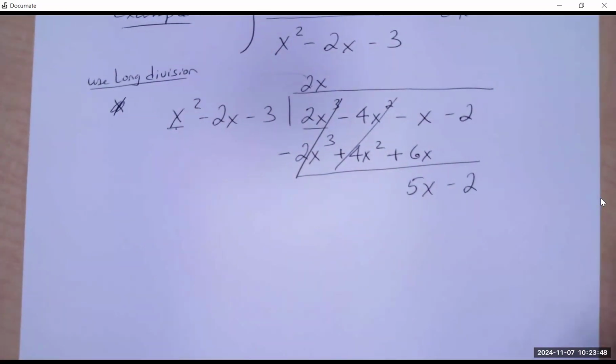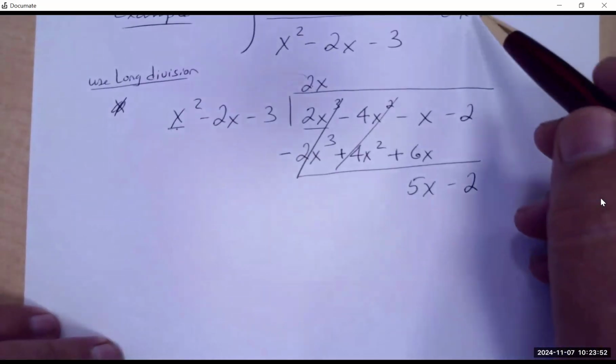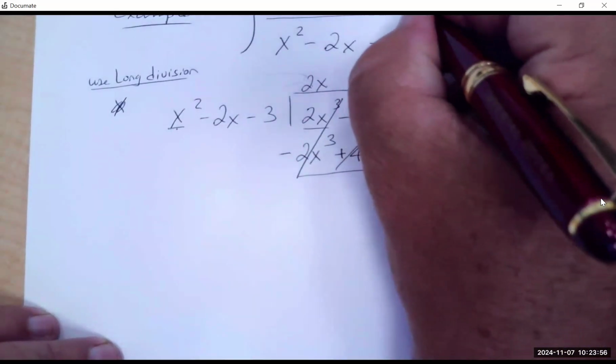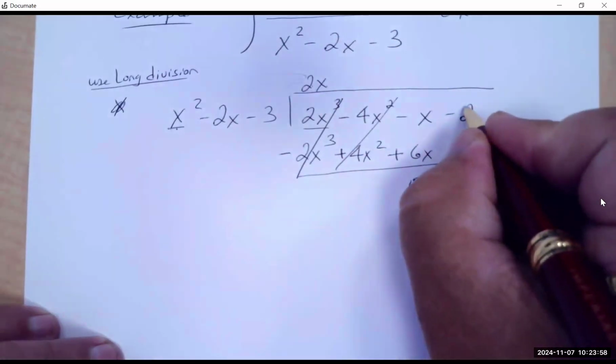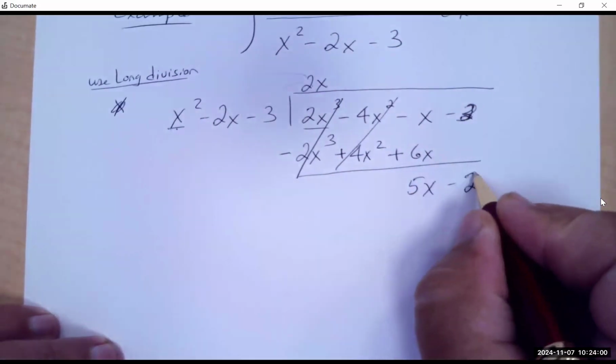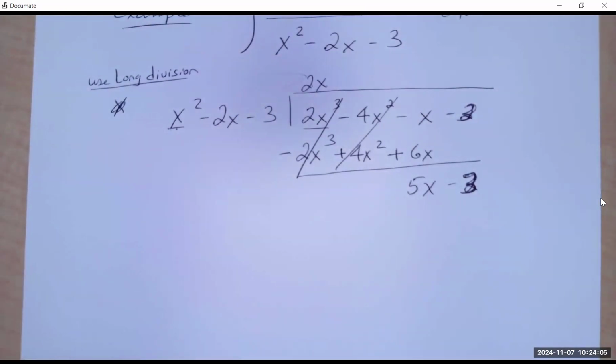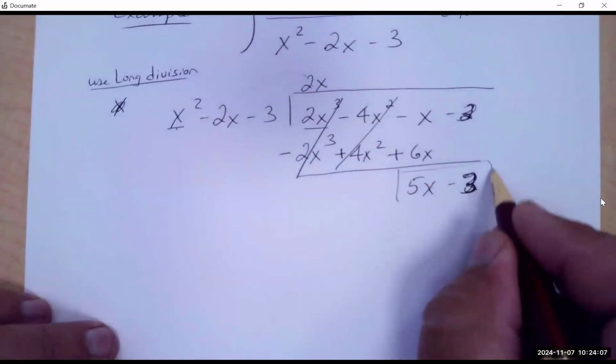We can't go any further. What's wrong here? It's supposed to be a 3. So this is our remainder.